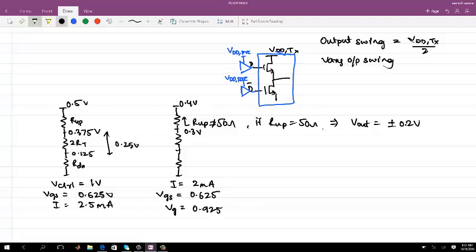So you see, if I design it for the highest swing, I have the leverage that I can reduce the supply of the pre-driver and I can still maintain a 50 ohm impedance.